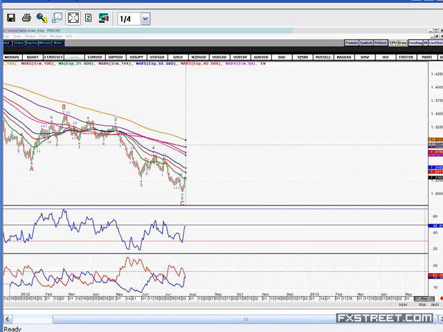In the long term, we are still bearish, we still feel the worst is not seen yet. So this is just a pullback or correction. We'll wait for the market to give us an answer.